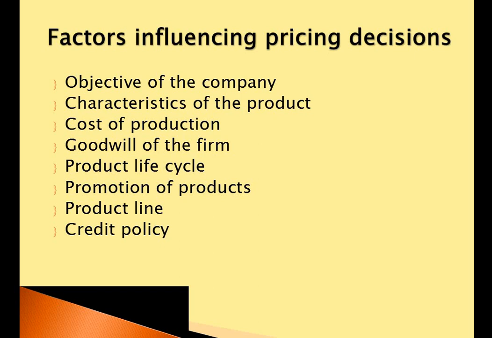The third most important factor that influences the pricing decision is the cost of production. For example, if a product is being produced for 100 rupees, the price cannot be fixed below 100 rupees. Instead, the price shall be placed above 100 rupees. So cost of production is very essential in pricing decisions.